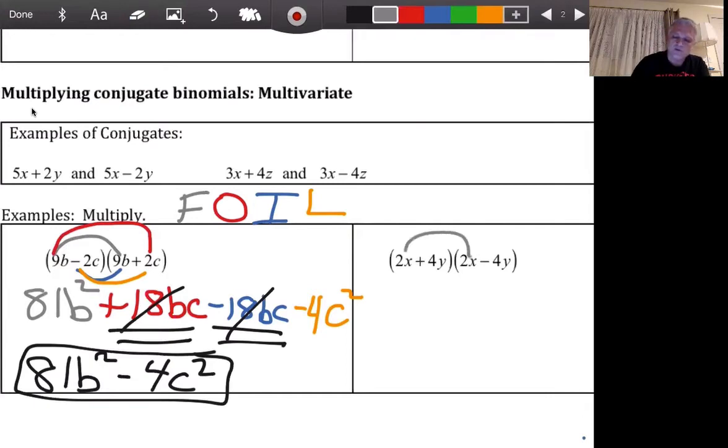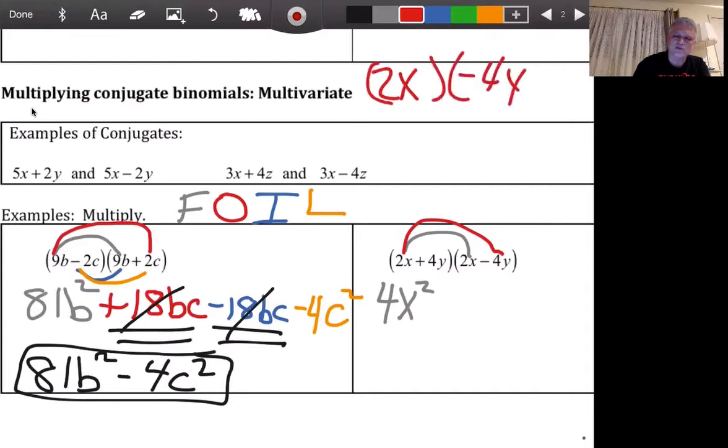FOIL, first times first. 2x times 2x, 2 times 2 is 4. X times x is x squared. Outer, 2x times minus 4y. 2x times negative 4y. If it helps you to write it off to the side like this, go for it.